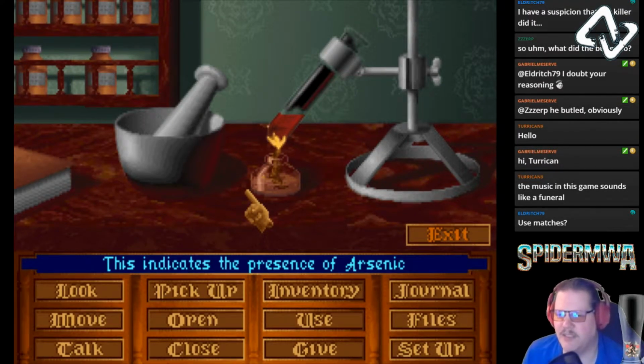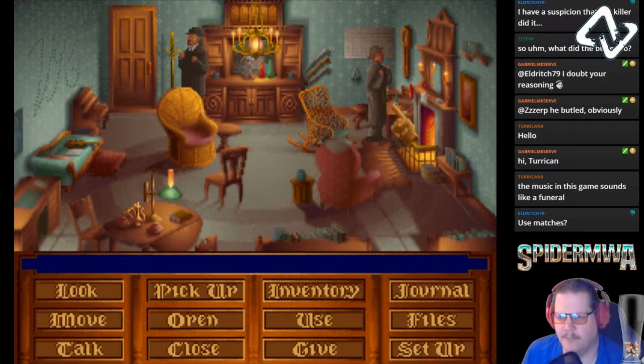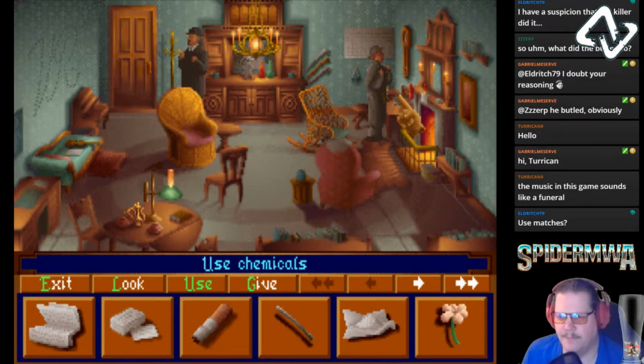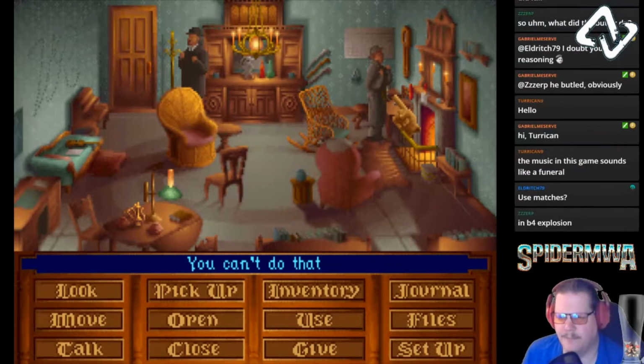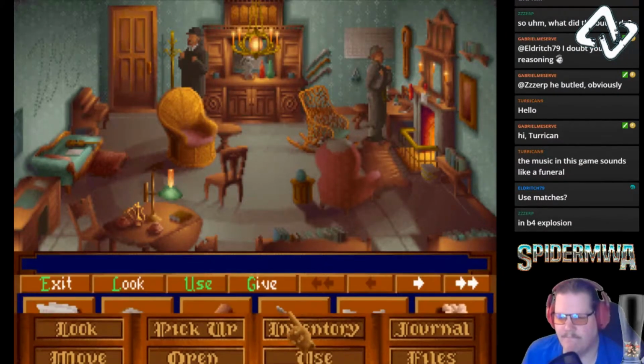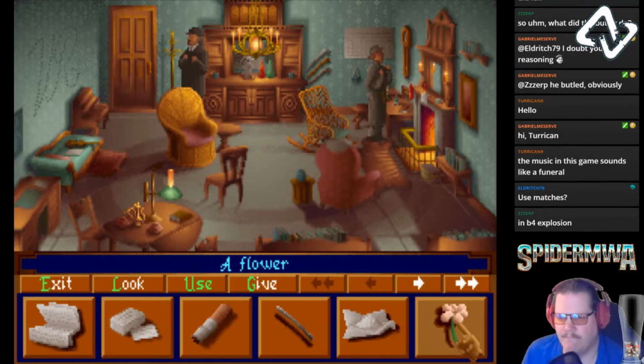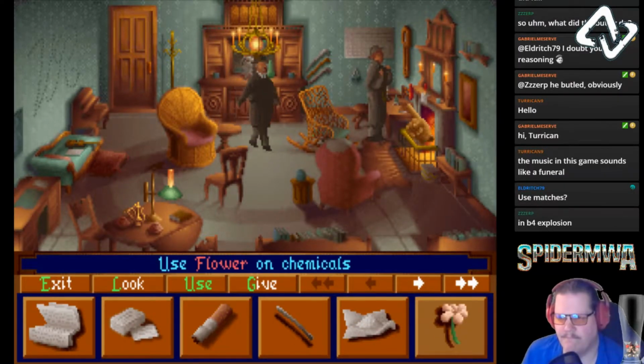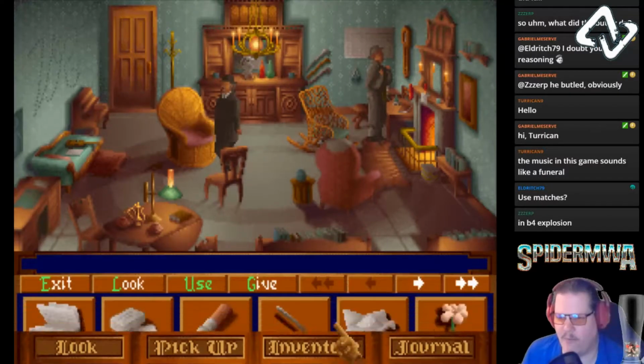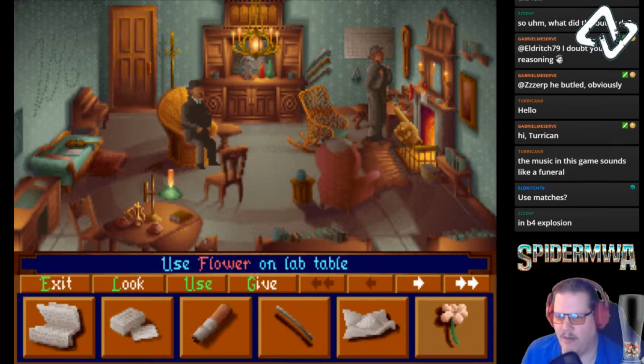This indicates the presence of arsenic. I didn't want to use it with the chemicals, I wanted to use the flour with the lab table.